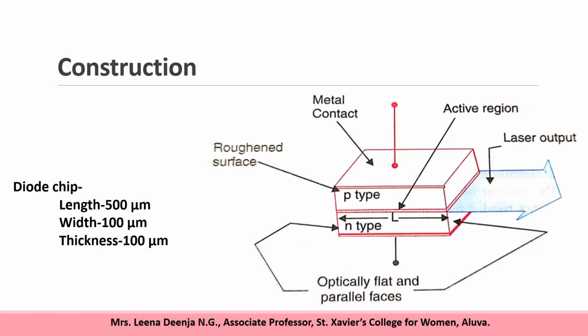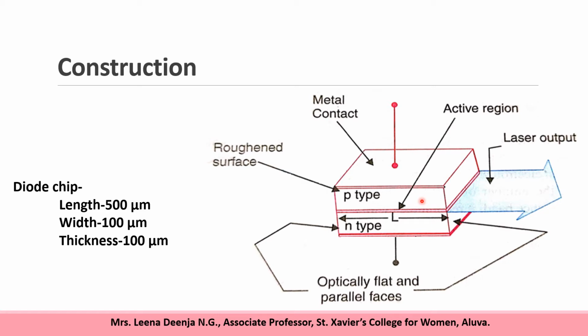A diode laser consists of a heavily doped PN junction. A simple diode makes use of the same semiconductor material, say gallium arsenide. Starting with a heavily doped N-type gallium arsenide material, a P region is formed above this by diffusing trivalent zinc atoms into it.